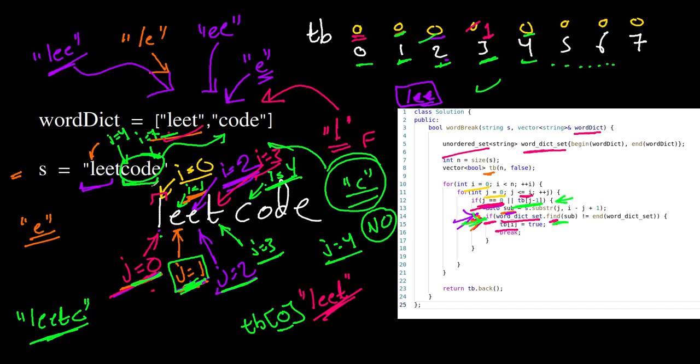And so the two conditions apply, and tb of 7 will be 1, and so the final result will be 1.